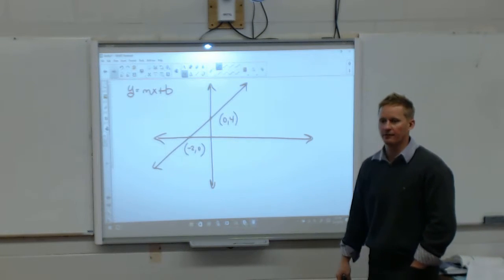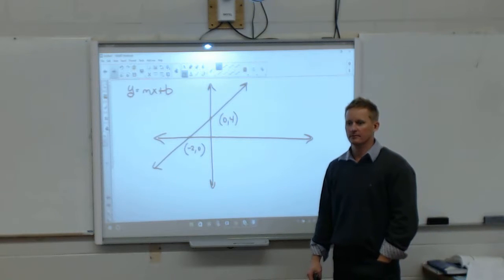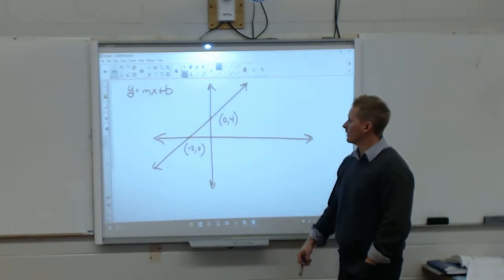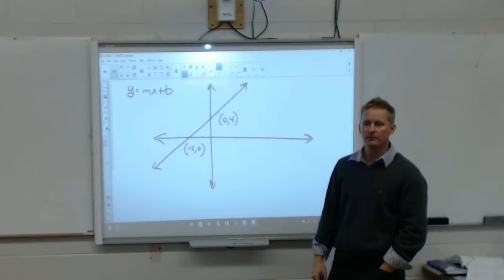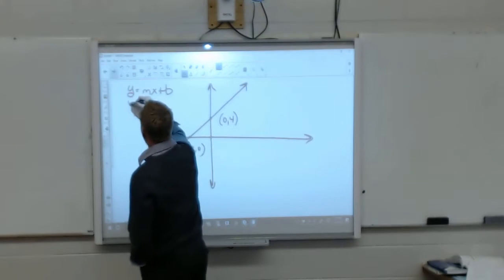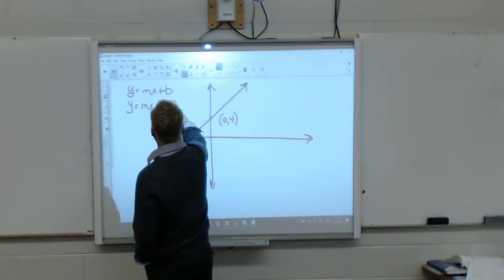Slope. That's the first thing you're going to find on that graph. Y-intercept. All right, let's start with that guy. Okay? So, starting with that guy, what's my y-intercept? 4. So I put that into my equation. y equals mx plus 4.